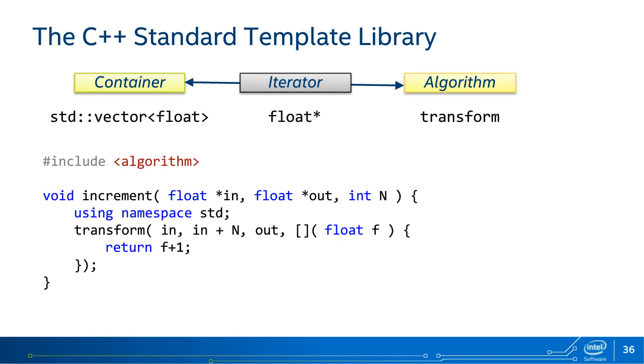The STL transform function is going to iterate from in to in plus n and invoke this lambda expression on each value that it receives when dereferencing the input iterators, and write that result into the corresponding position pointed to by the output iterator.